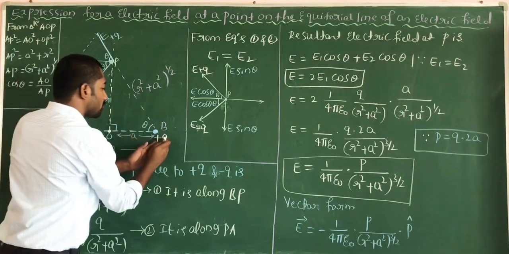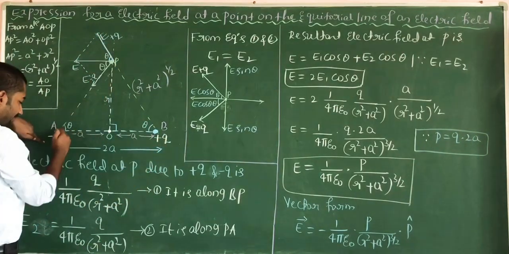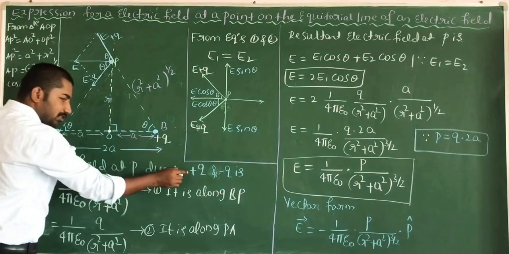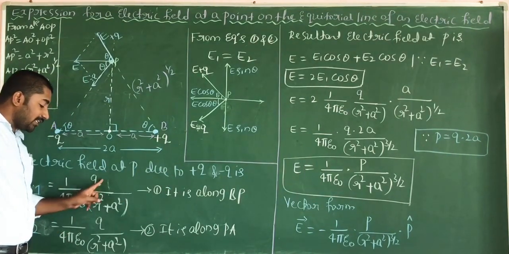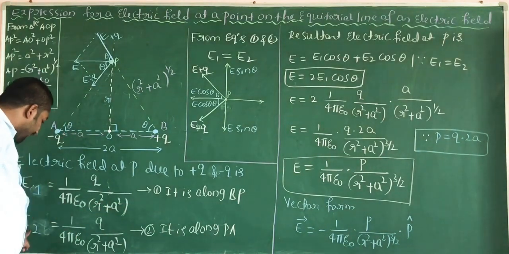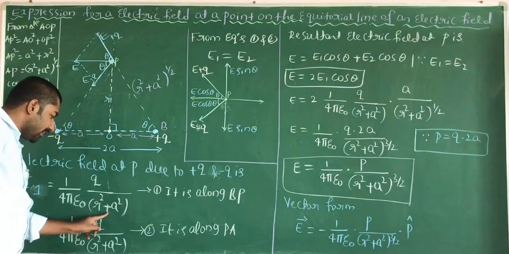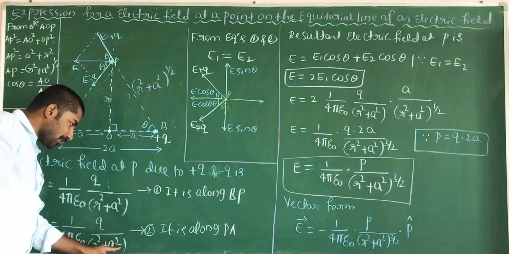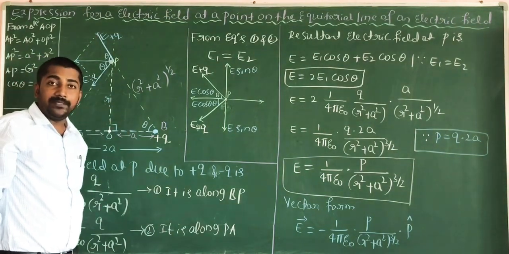Electric field due to the positive charge moves in one direction, and due to the negative charge moves in the other. E1 and E2 are both equal to 1 divided by 4 pi epsilon naught Q divided by r square plus a square, along PE.